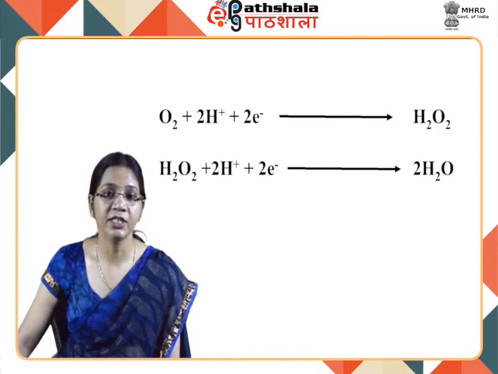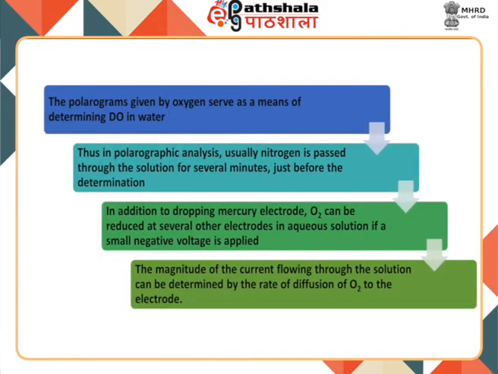In water, at 0.05 volt and minus 0.94 volt. The polarograms given by oxygen serve as a means of determining DO in water. Thus, in polarographic analysis, usually nitrogen is passed through the solution for several minutes just before the determination.